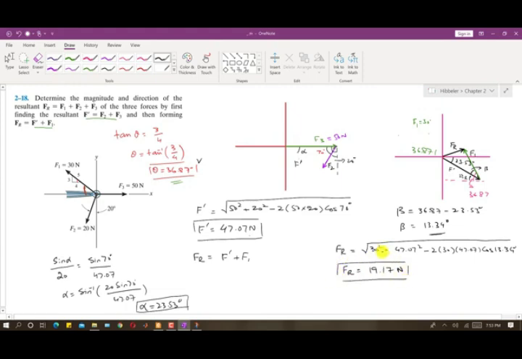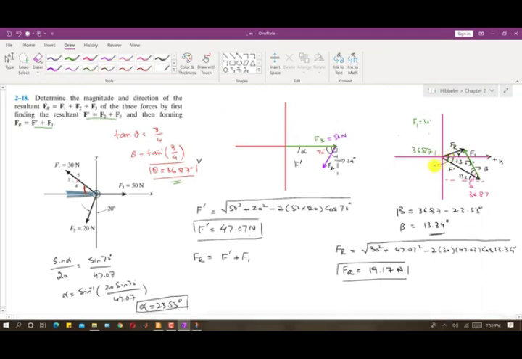Now if we find the angle of Fr with the horizontal, let's say Fr is making gamma angle with the positive x-axis. This means that this whole angle is 23.53 plus gamma.